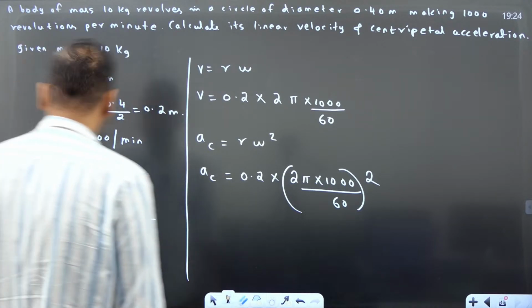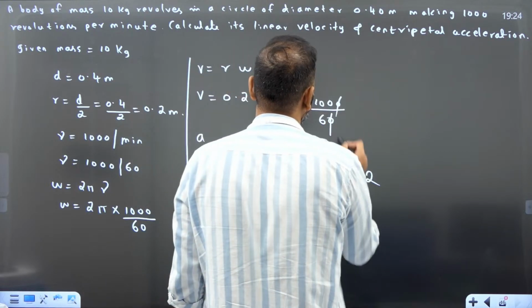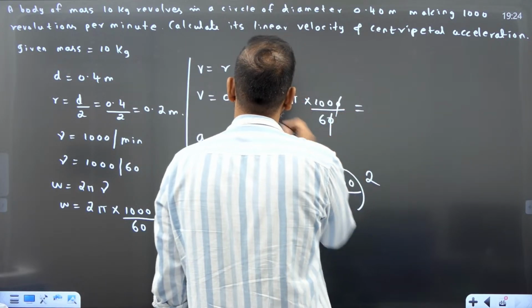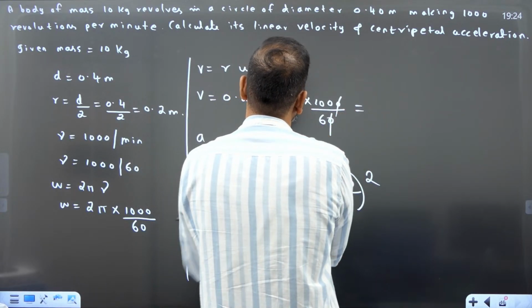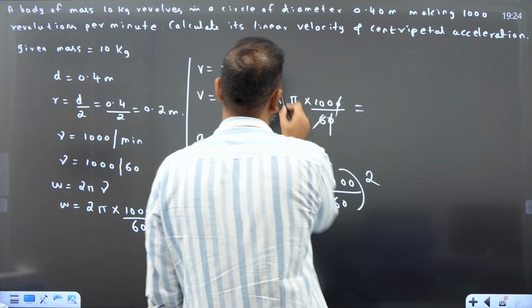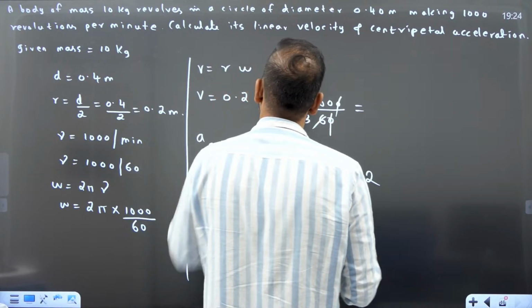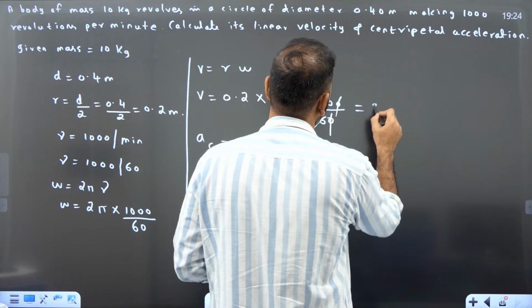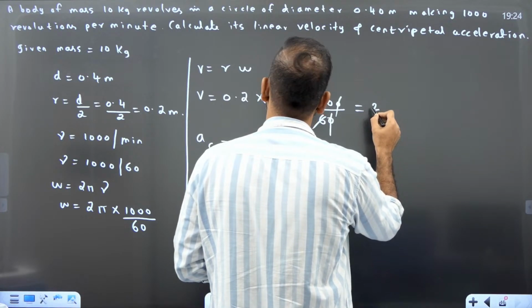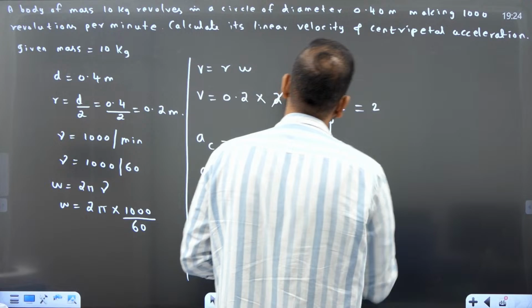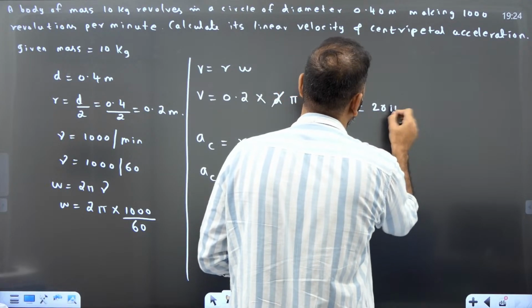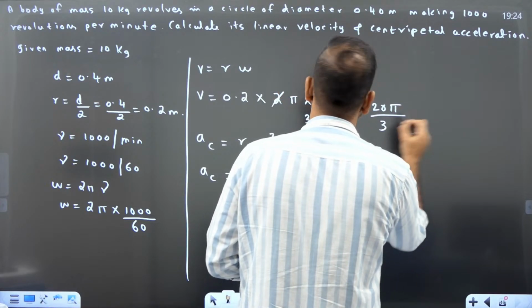And what is the value of V? 20 pi by 3 if you solve that. 0.2 into 2 pi into 1000 by 60 gives 20 pi by 3 meter per second, since it is velocity.